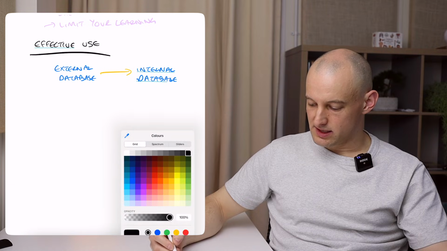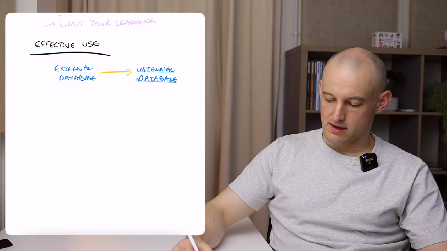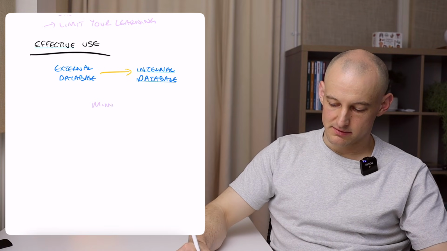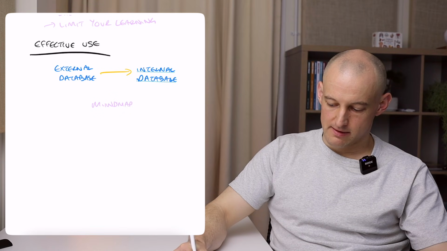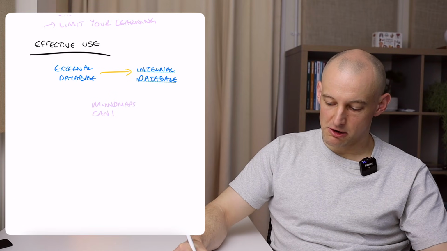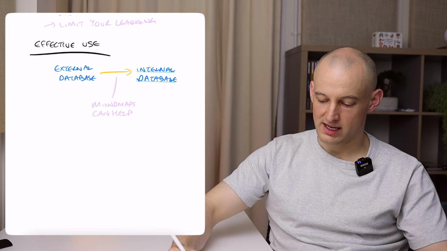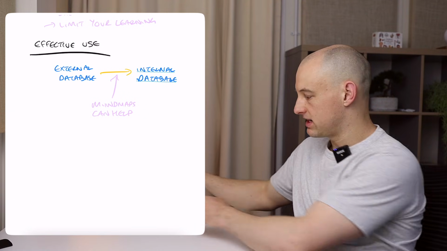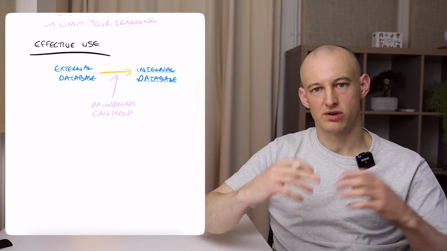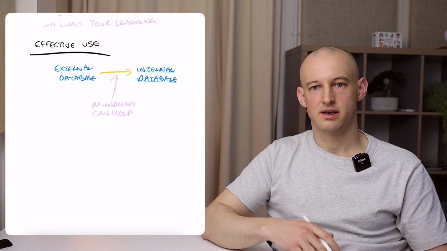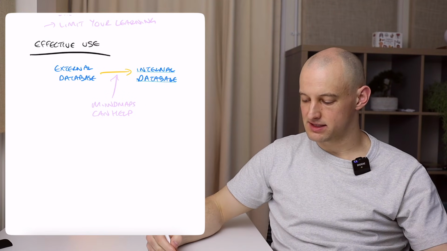And at this point, mind maps help. They can help you with this process of transferring stuff from the external database, from the Zero to Finals book or your collected set of notes, to your internal database.